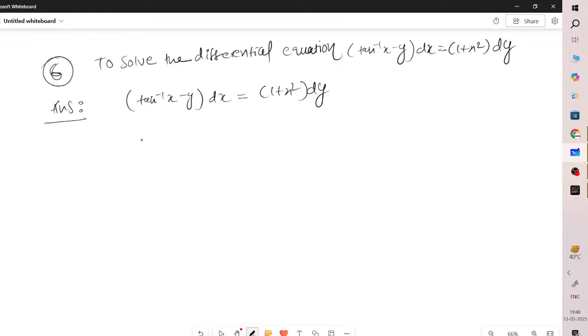How can we write this equation? Can anyone guess how we can proceed? So we write dy by dx equals (tan inverse x minus y) upon (1 plus x square).